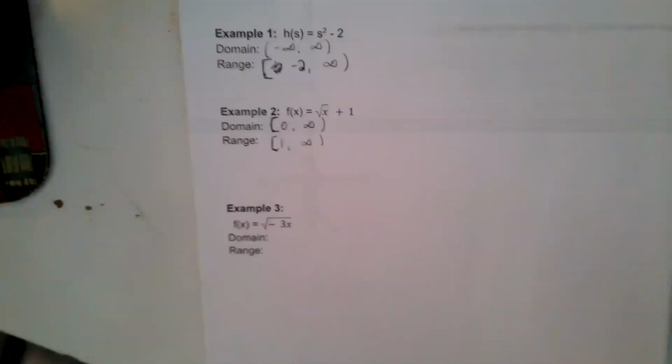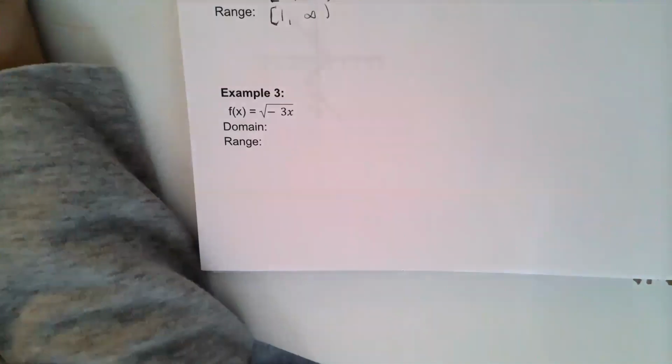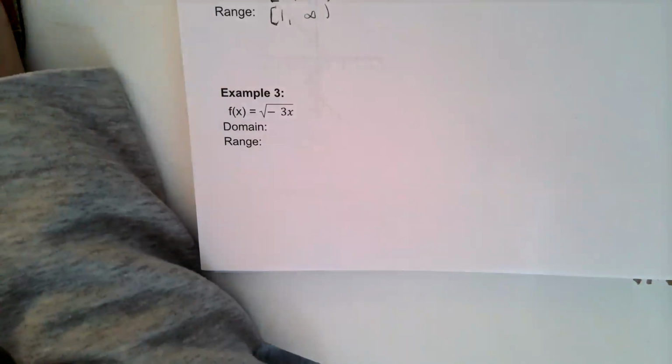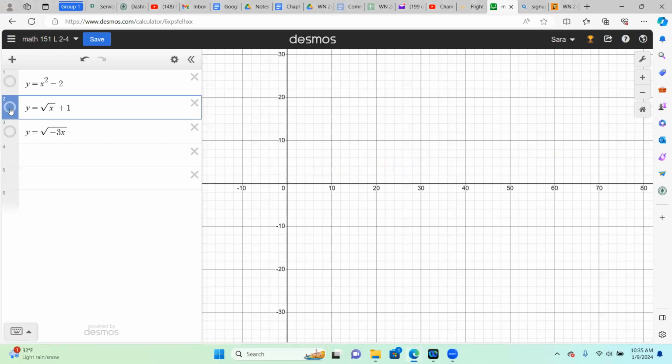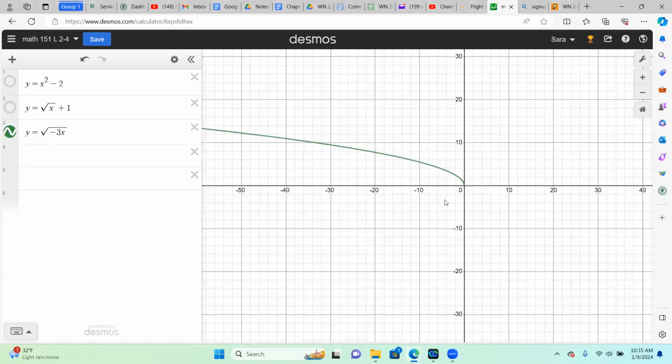Let's look at the graph of example 3 here. I'm going to turn off the graph on example 2, and I'm going to turn on the graph of example 3. So example 3 goes in the opposite direction, and that's because a -3 is going to be multiplied. So you'd want to put inputs of a negative so that a negative times a negative will make it a square root of a positive value, which is ideal.